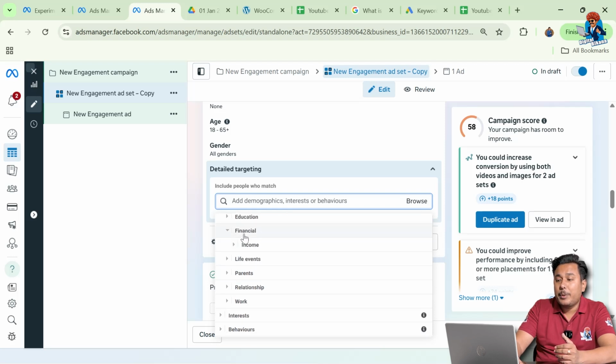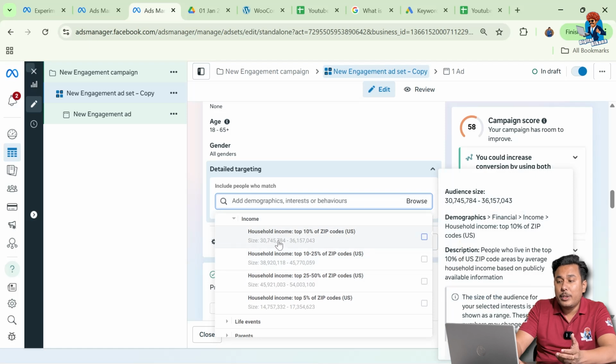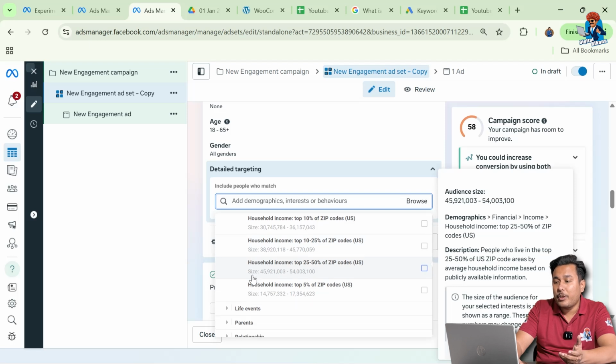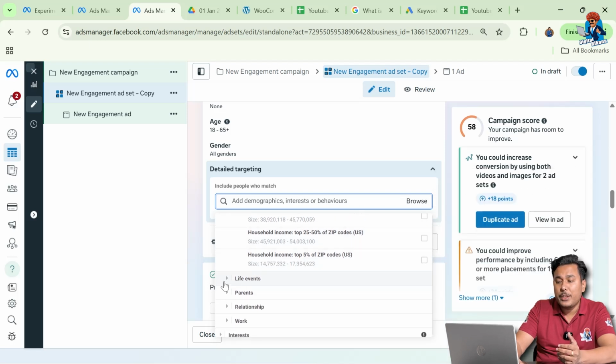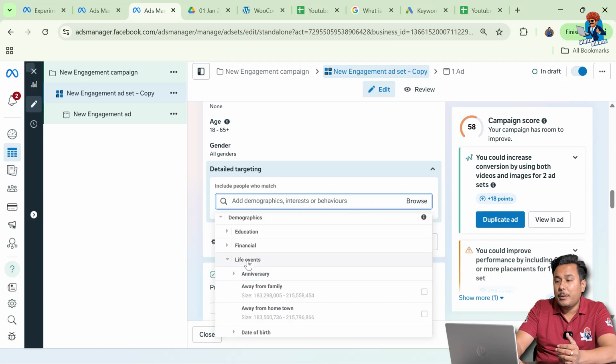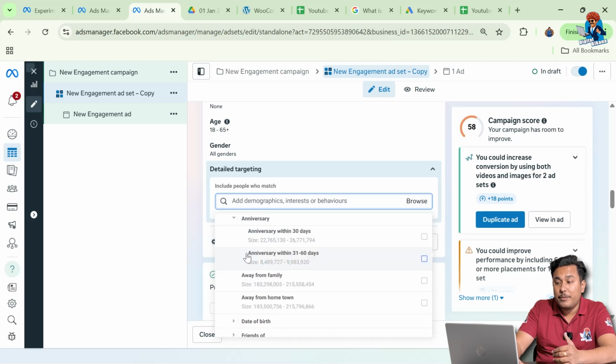Apart from it, coming to the financial and in the income, there are household income filters available, like top 10% or top 10 to 25%, top 25 to 50%. So you can target people on the basis of their household income as well. Coming to the life events, you can target people on the basis of their anniversary within 30 days.